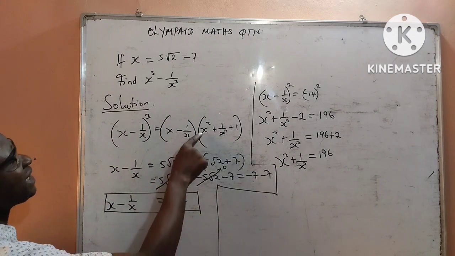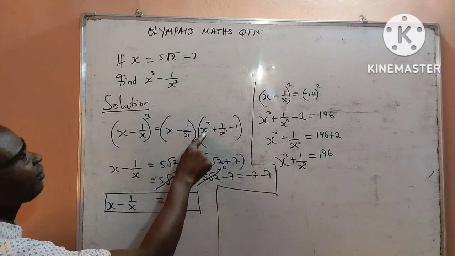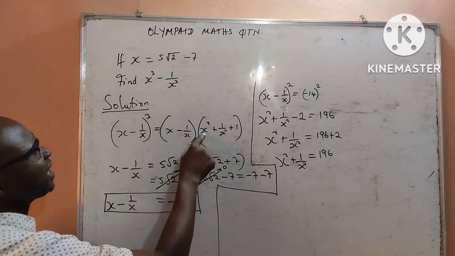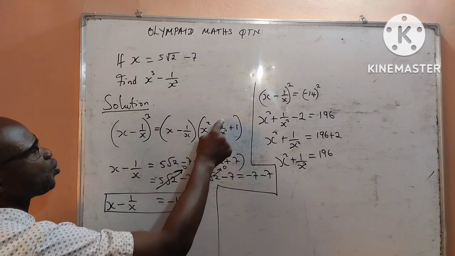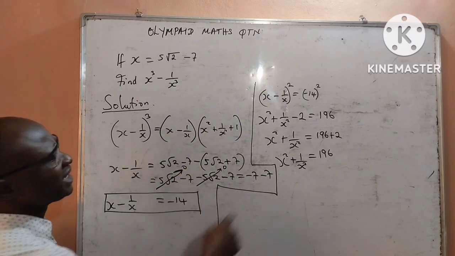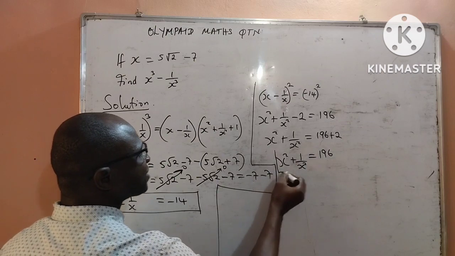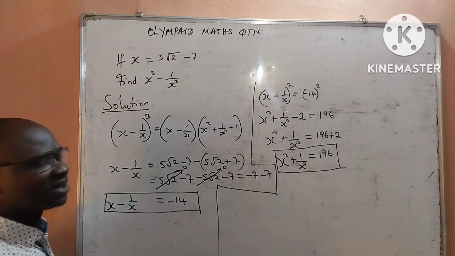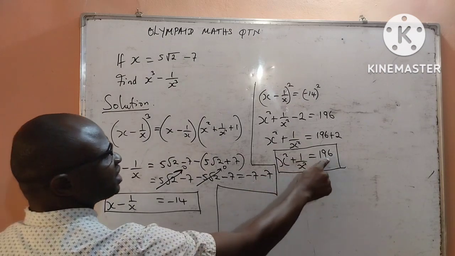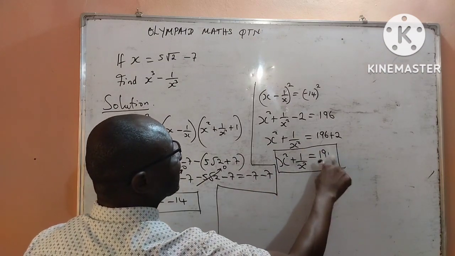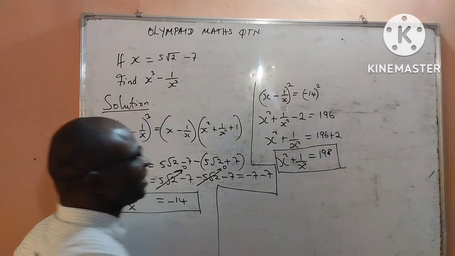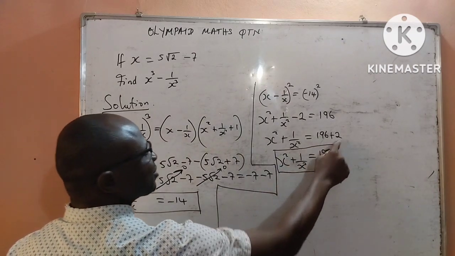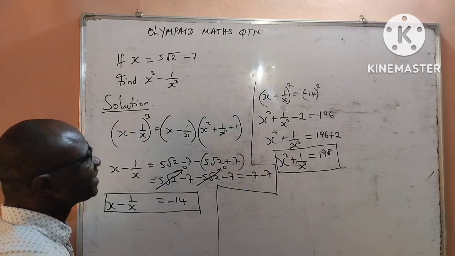You can agree with me that we got x squared plus 1 all over x squared. Can you see the result? Please, this is 198. Pardon me for that. 196 plus 2 is actually 198.